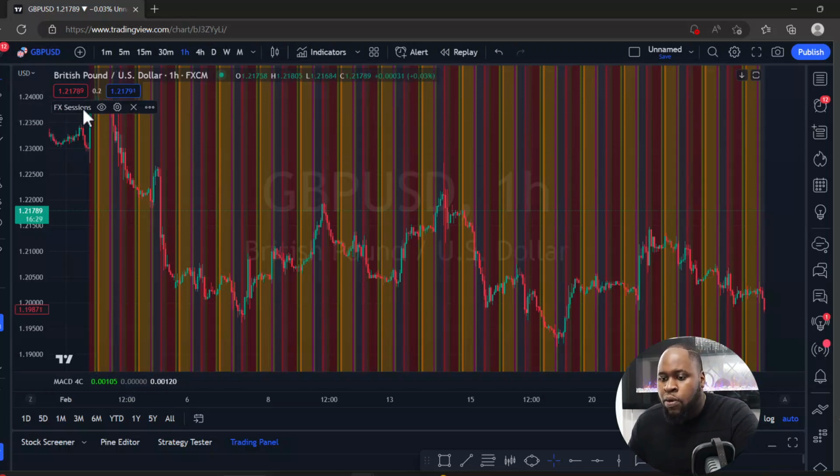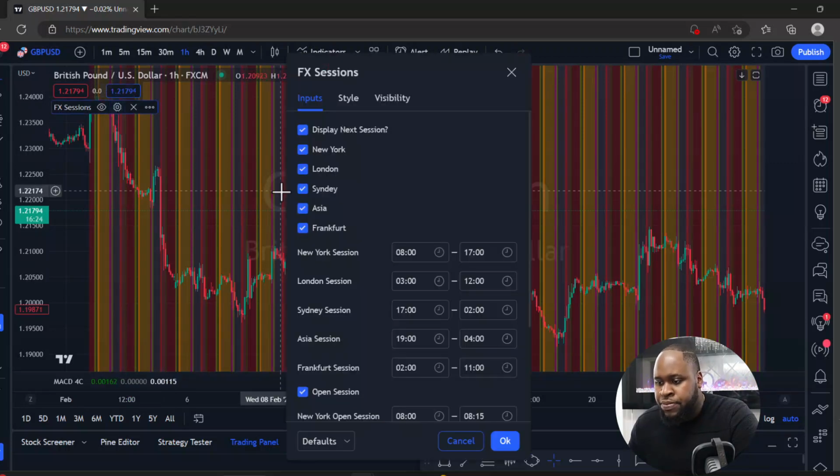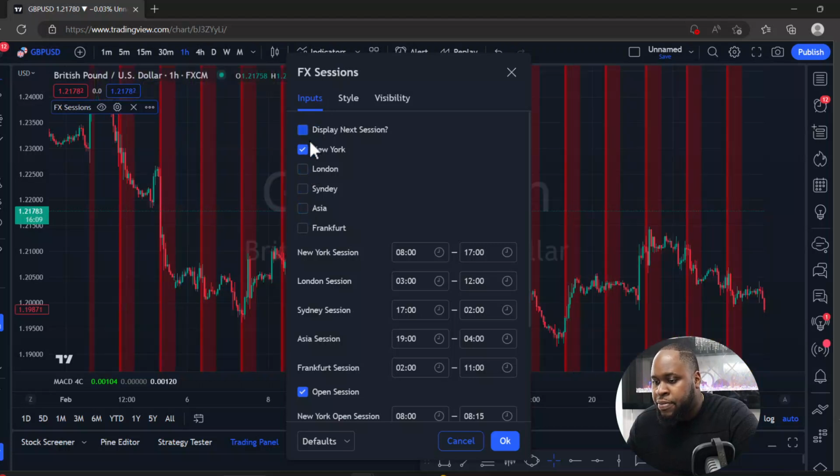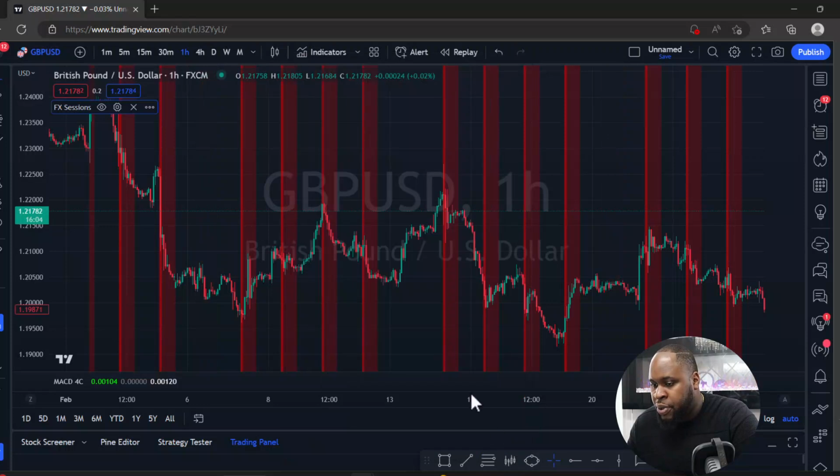Now, what I want to do is hover over this indicator and click on the settings button. So I know I only trade New York session, so I'm only going to be concerned with New York session, okay? I'm going to uncheck every other session that's here in the inputs, and I'm only going to leave New York. Once I'm done, I'm going to press OK, and that is much cleaner.